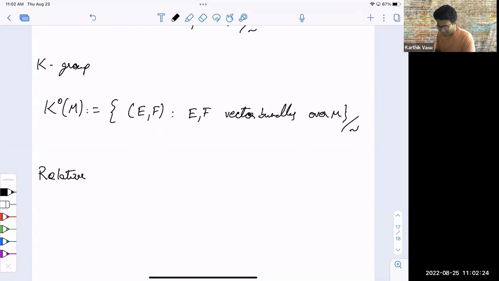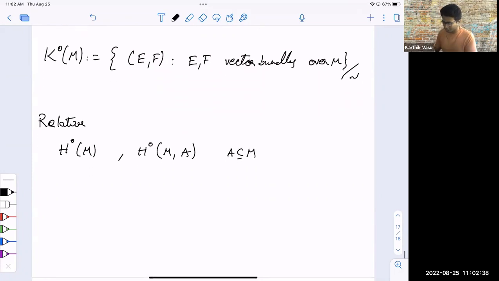So like in relative cohomology or homology, we have H0 of M. We can also talk about H0 of M comma A, where A is a subset of M. Basically, what this means is we are ignoring everything that is happening inside the subset A. We just care about the topology in M which is not inside A. Another way of thinking about this is you can quotient all of A: take all of A, collapse it to a point, then look at the homology of that.